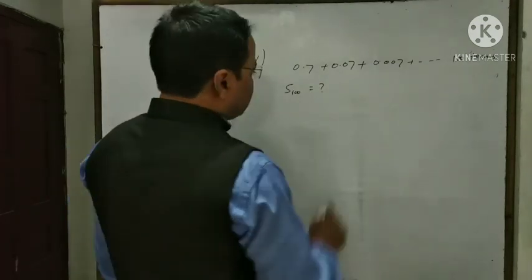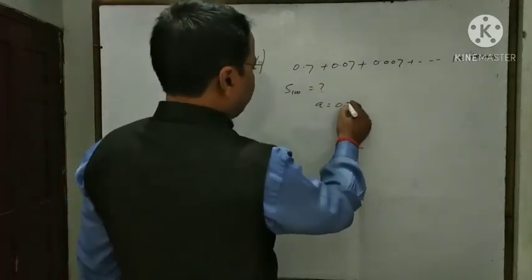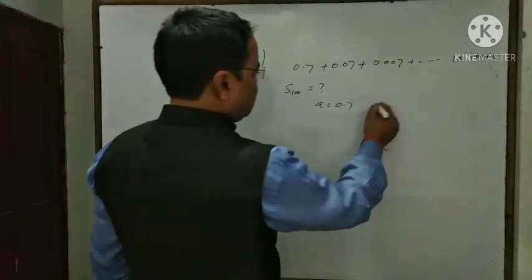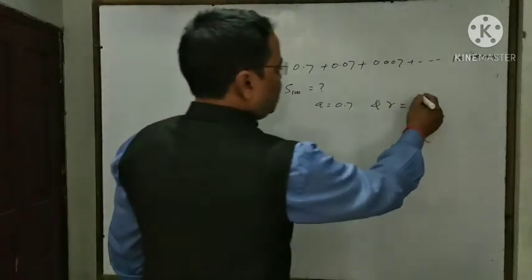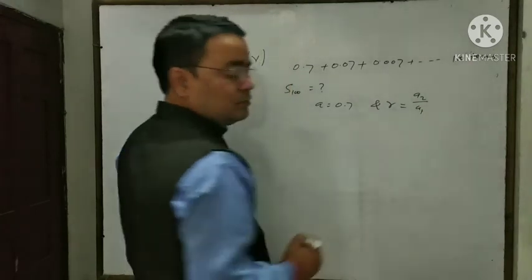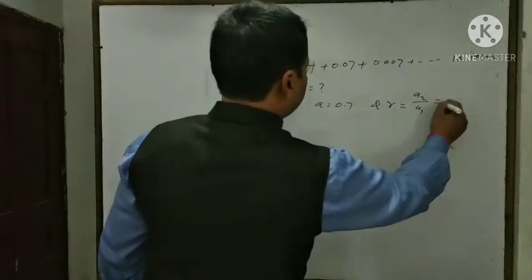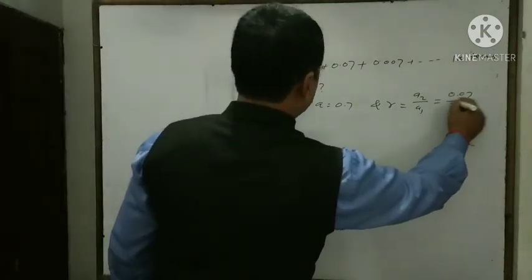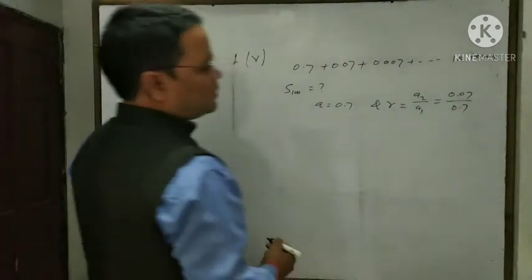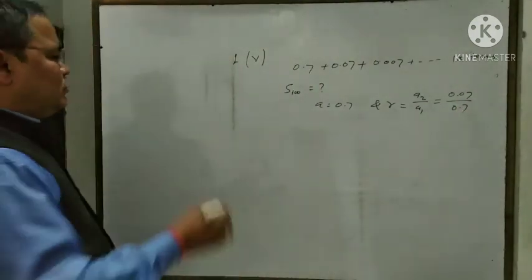Here a is equal to 0.7 and r is equal to a2 upon a1, we can say. So it will be 0.07 upon 0.7. Second term upon first term, what is the formula?